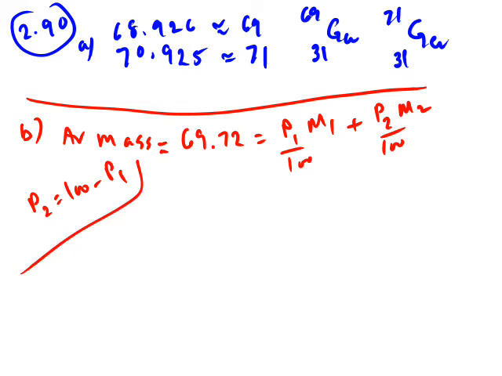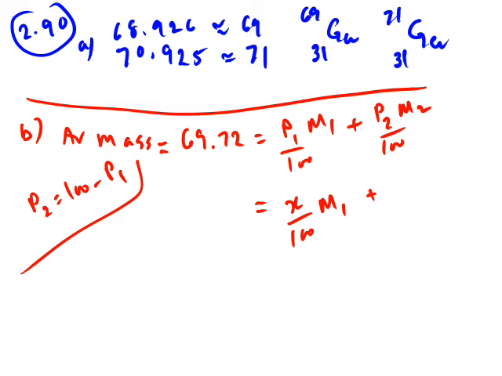Now instead of P1, you can also consider it to be X. I think a lot of students feel more comfortable that way. Let's use X as our more familiar unknown. So X over 100, don't forget X represents the percent of isotope 1.